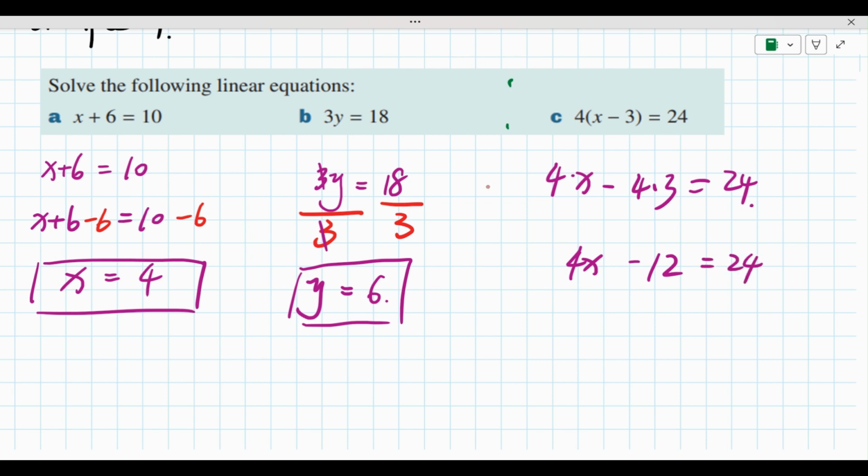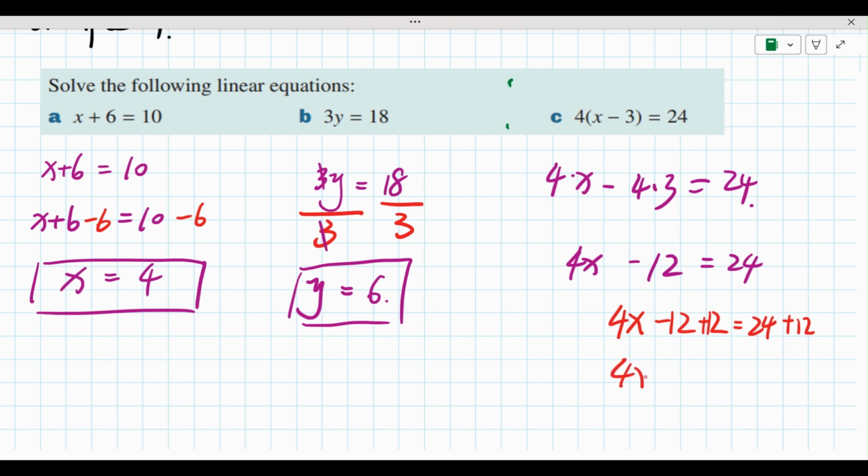As I said, I want x on the left hand side, and the rest of the numbers on the right hand side. So 4x minus 12 plus 12 equals 24 plus 12.